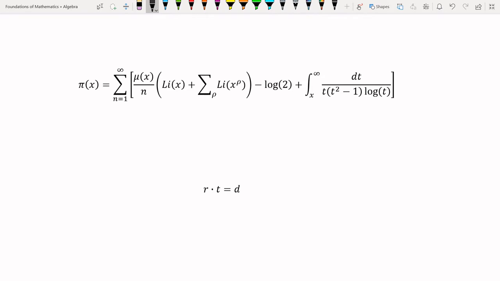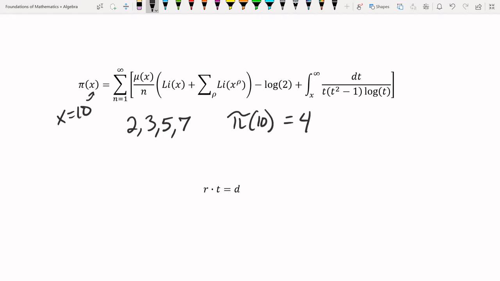So for instance, if I plugged in 10 into here, then the prime numbers up to 10 are 2, 3, 5, 7. So our function here would give us 4.